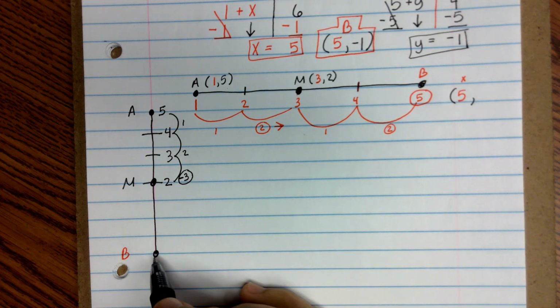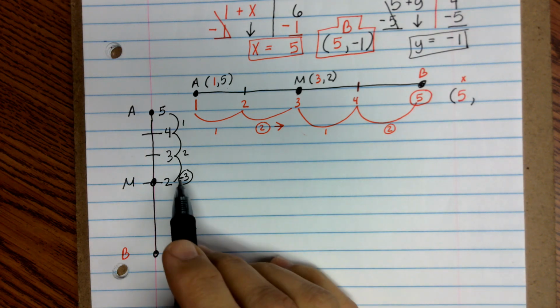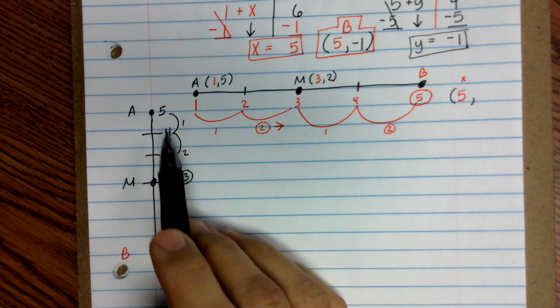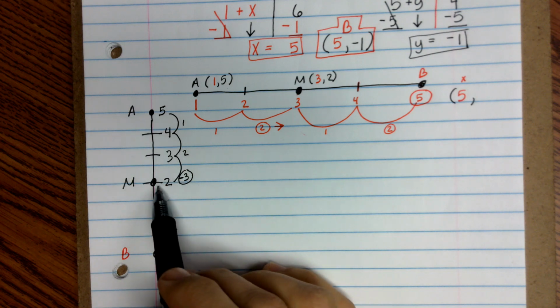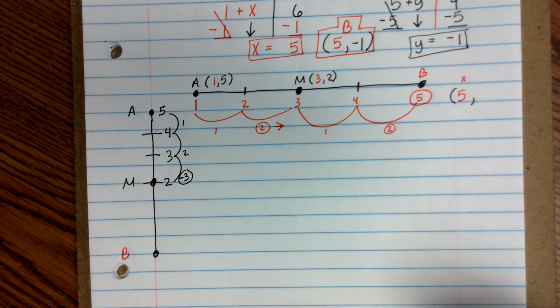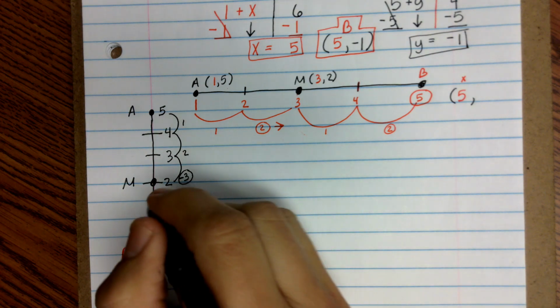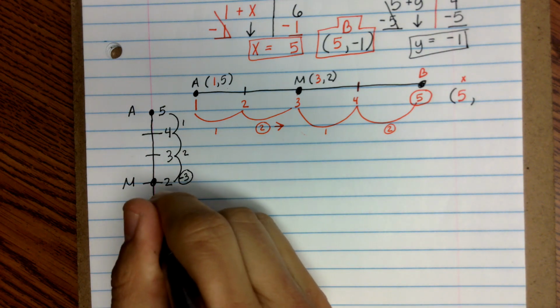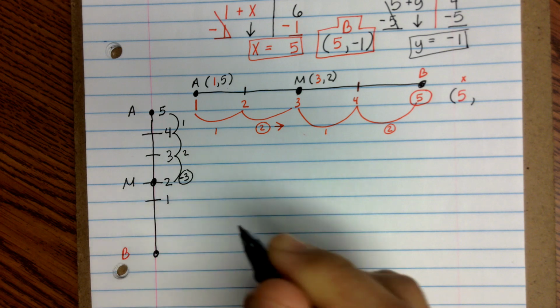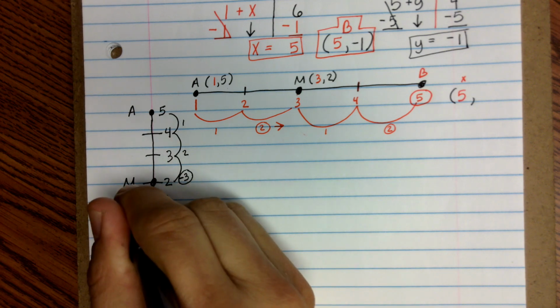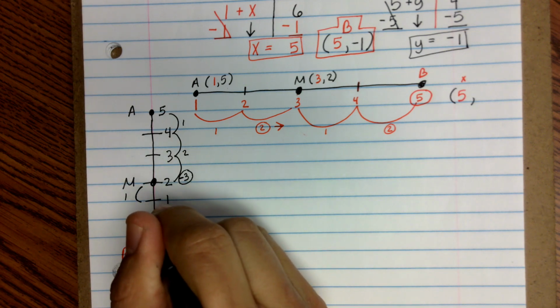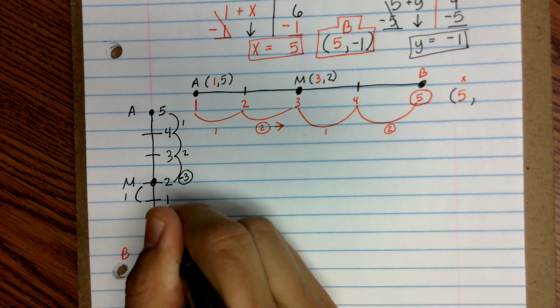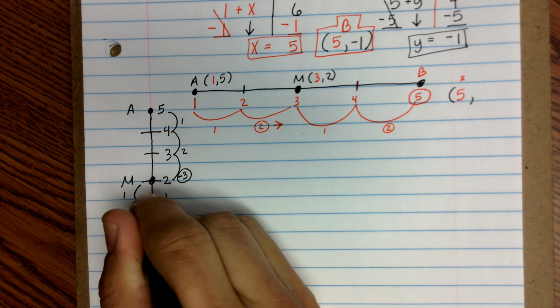Now, if I want to get to my endpoint B, I have to do the same thing. Just as we went down 3 times from 5 to 2, I'd have to go down 3 more times from 2 to whatever number that is. So let me go ahead and go down 3 times. I'm going to add some numbers here. So we're going to go from 2 to 1, and I'm going to do it on this side. So that's down 1. And then I'm going to go down again to 0.